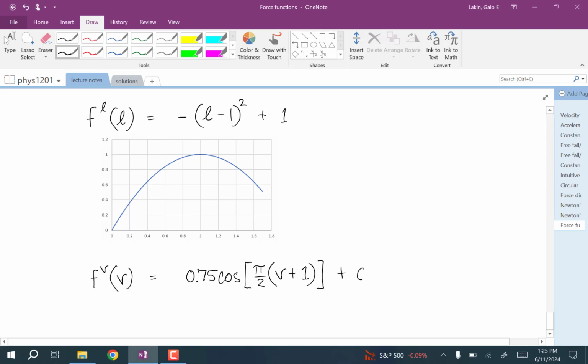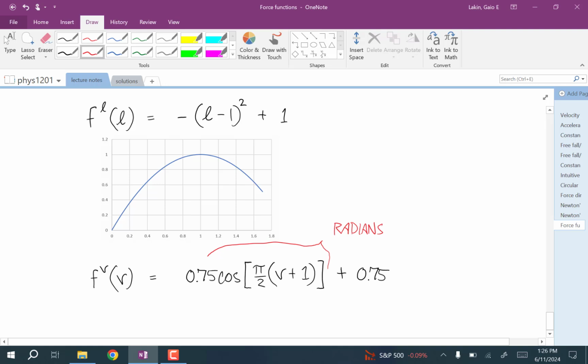And then we're going to add 0.75 to that. Here, this needs to be in radians. So when you're doing this calculation, you need to have your calculator in radians.